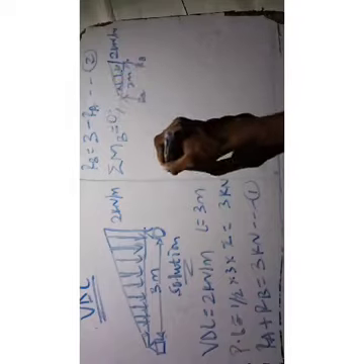So the next thing you do is make sure you take the moment about point B. That will be RA. You can make use of the formula not to waste time. If you remember the formula for taking moments at any section, what is it?